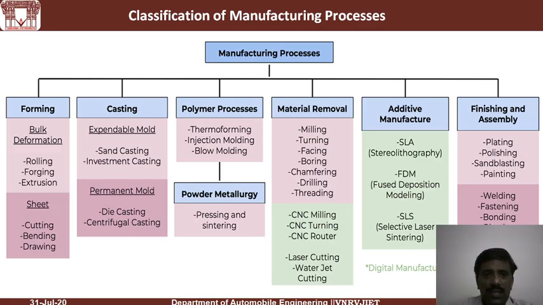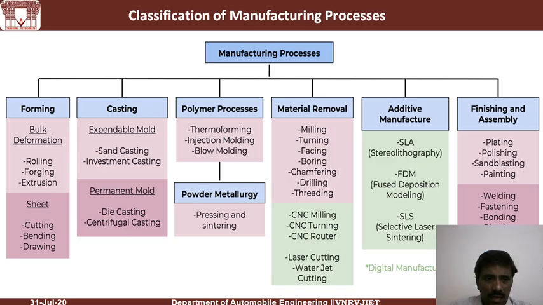Let us discuss first the classification of manufacturing processes. The manufacturing processes are broadly classified into 6 categories. The first one is forming. Forming means no material removal or addition.